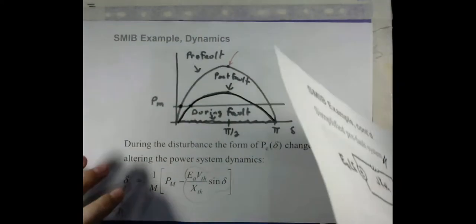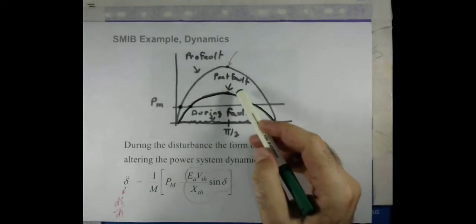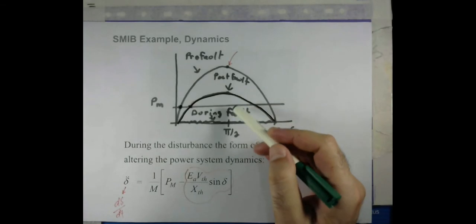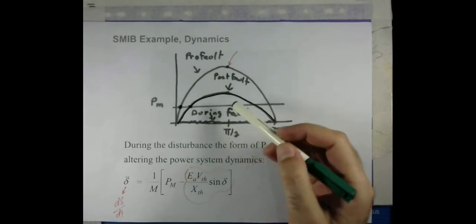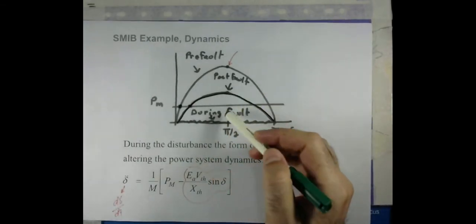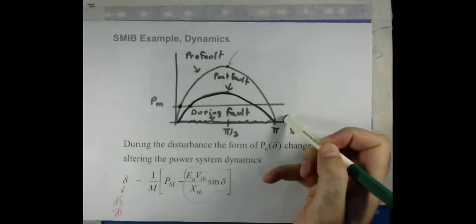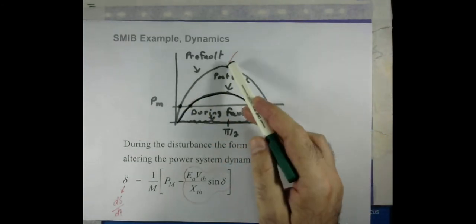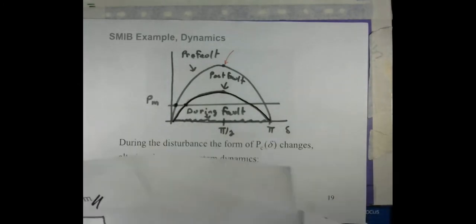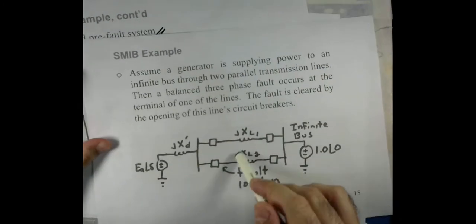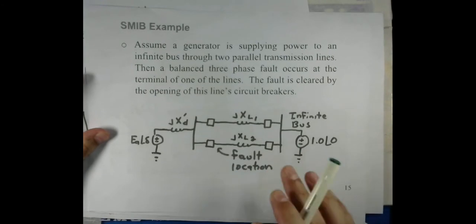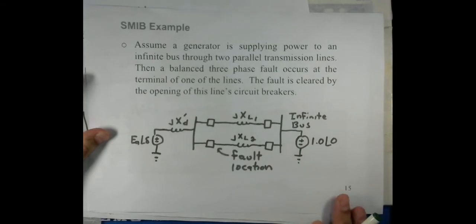And the three profiles of the power were discussed, where before the fault the profile looks like that, where the capacity of the system to transfer electrical power is more, because we have two parallel transmission lines, and that is usually employed when a large amount of power needs to be transferred between buses.